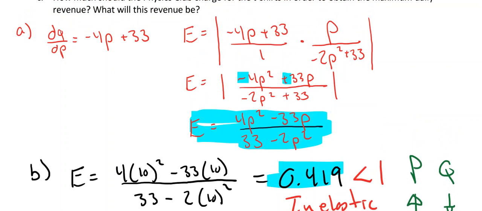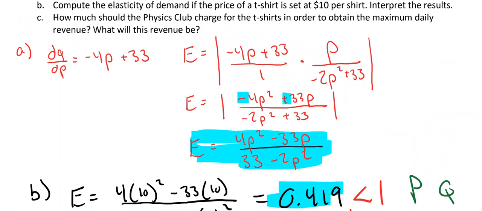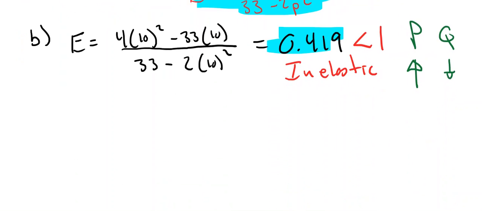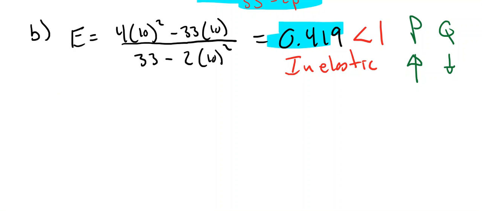The third part of this question says, how much should the physics club charge for the t-shirts in order to obtain the maximum daily revenue? So in a previous video, we learned that revenue is maximized when elasticity is equal to 1. When E is equal to 1, revenue is maximized.